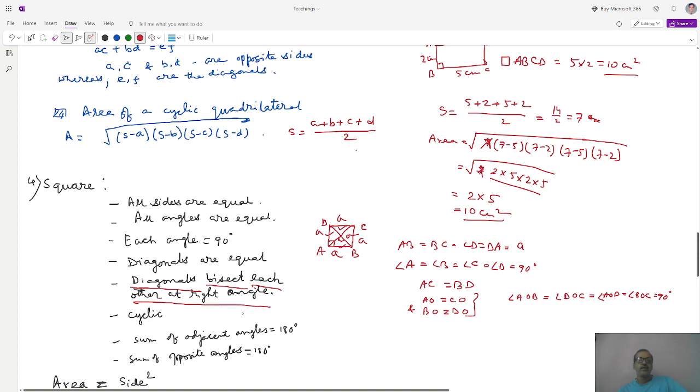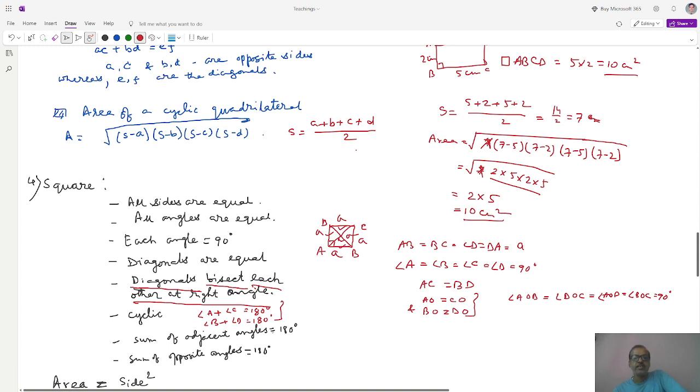A square is also cyclic because angle A plus angle C equals 180 degrees. Opposite angles are supplementary. Angle B plus angle D equals 180 degrees. So a square is cyclic.